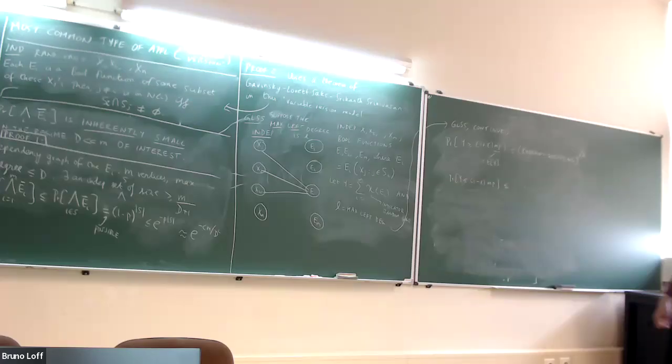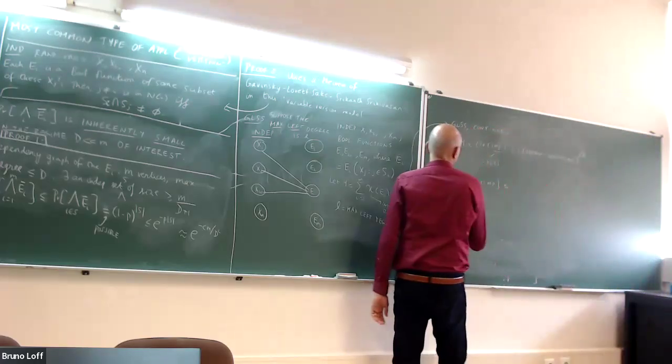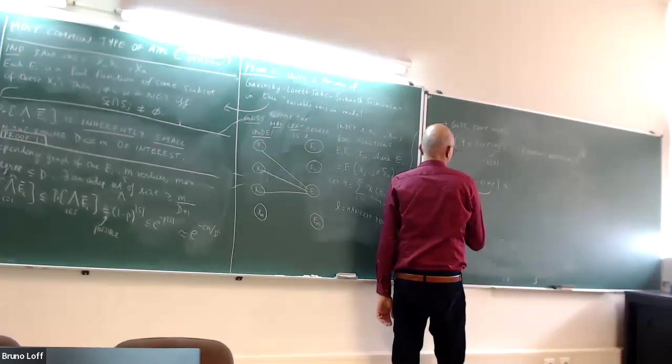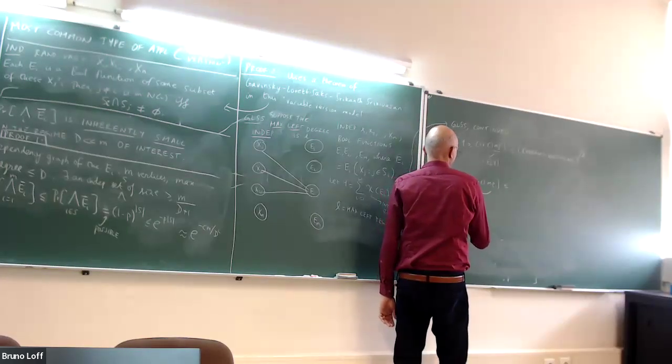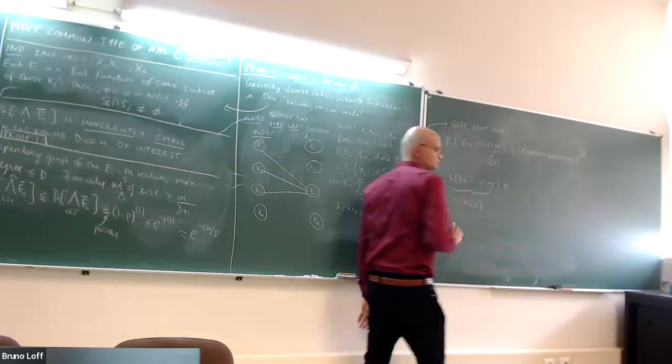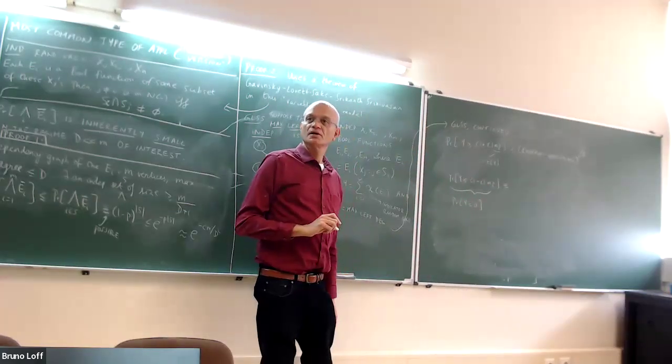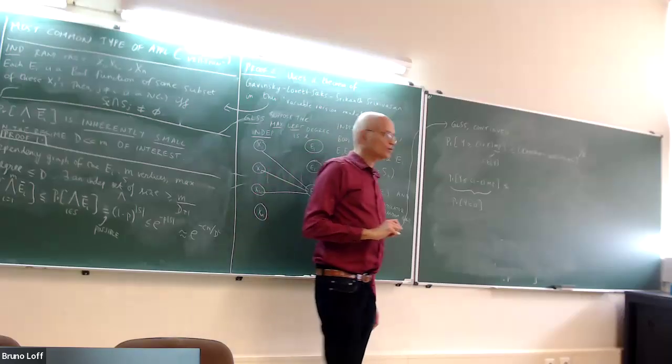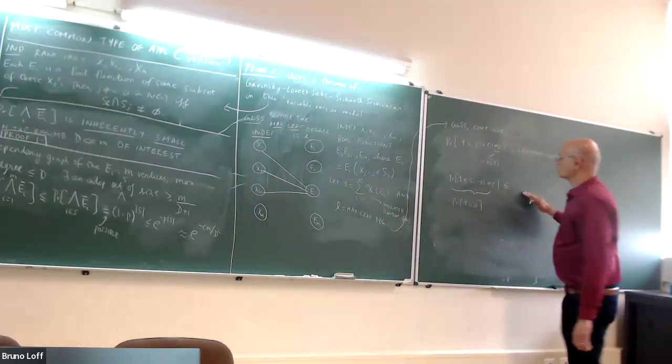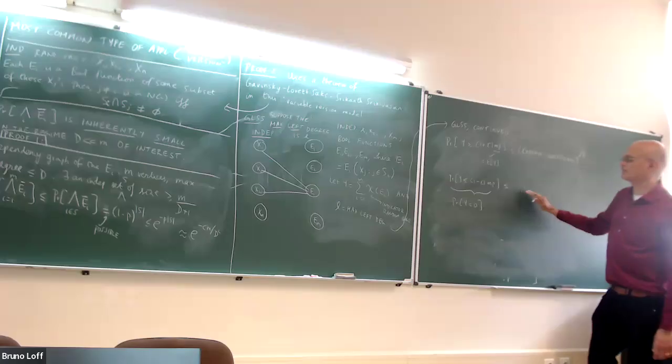In particular, the probability that y is 0, let's just look at that. If they were all independent, this probability would be at most e to the minus np.